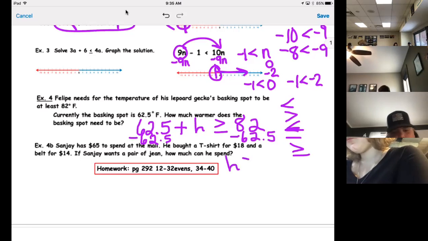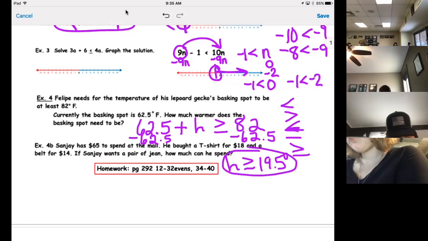And I think when we do that, I want to say it's 19.5 degrees. So that is how much more heat needs to happen in order for that gecko to bask in his spot.